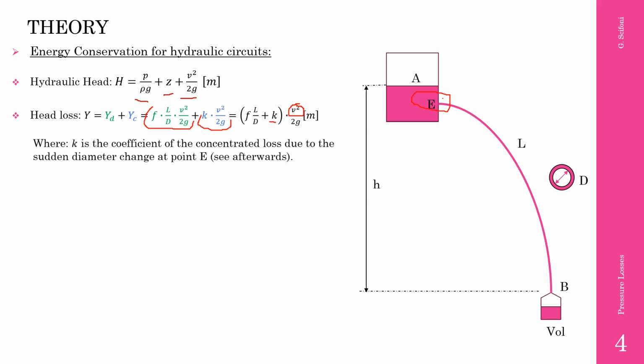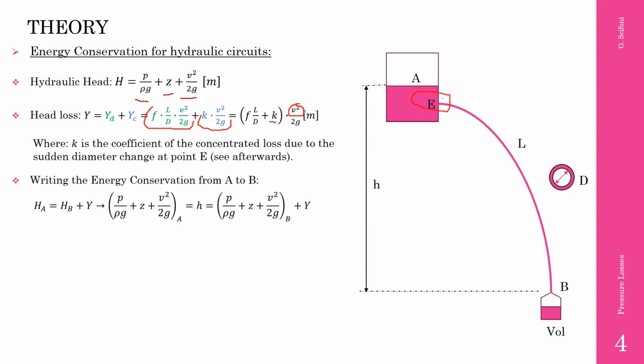Therefore, we write the energy conservation law from point capital A to point capital B. The head at point A has this expression, but since there is no velocity and no pressure in the tank, it has only the geodetic part that we call H. The head at point B has no geodetic part because we take this position at zero elevation for reference.